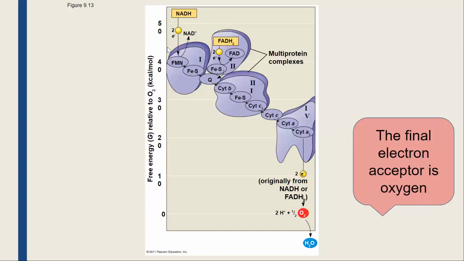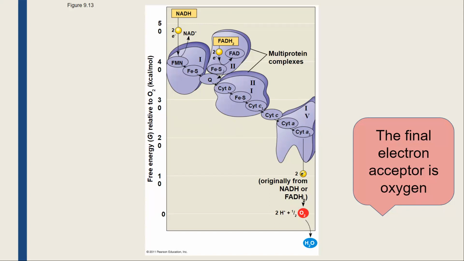And this is showing you all the enzymes in that electron transport chain, all embedded in the inner membrane of the mitochondria. Here at the top, you can see the NADH and the FADH2. They are dropping off those electrons, and they're going to get passed from one to the next all the way down the electron transport chain. And then this is where the requirement for oxygen comes in.